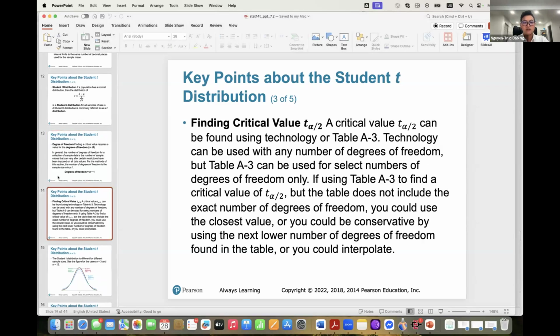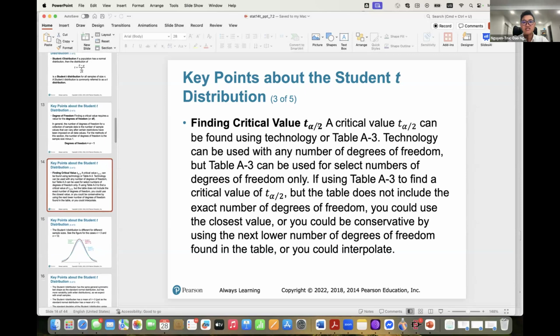Okay, so the next one, finding the critical value t alpha over 2. A critical value t alpha over 2 can be found using technology or table A3. We know A2 and A4 already, right? Now we are using table A3. Technology can be used with any number of degrees of freedom, but table A3 can be used for select numbers of degrees of freedom only.